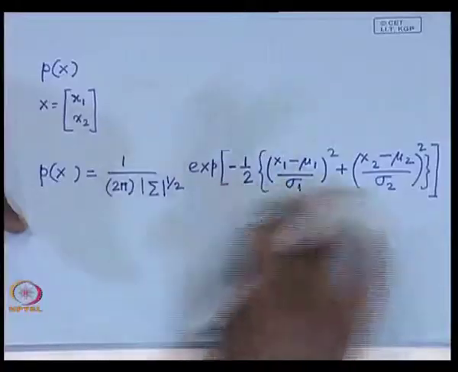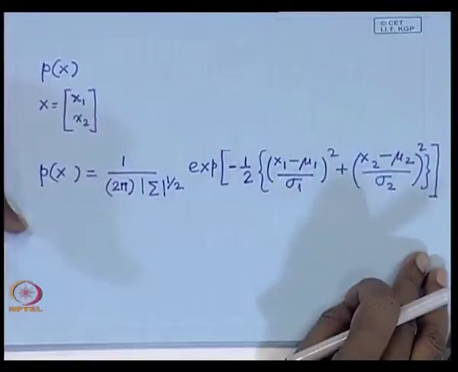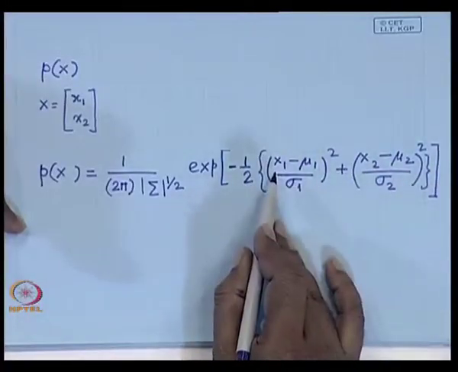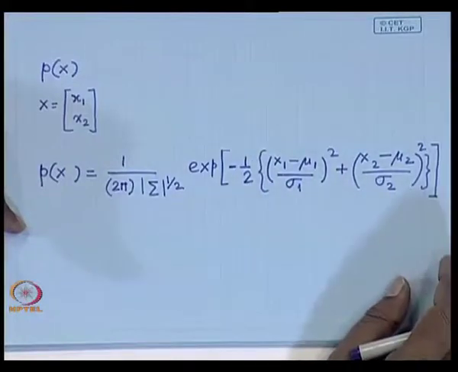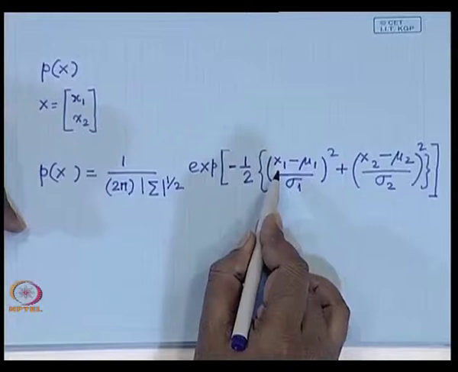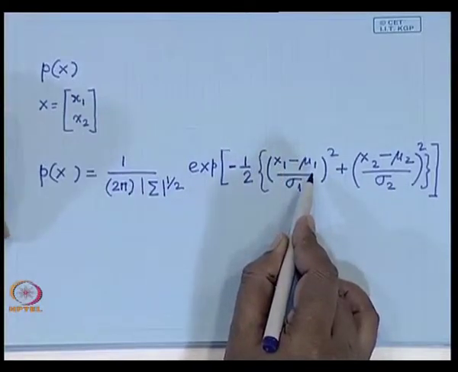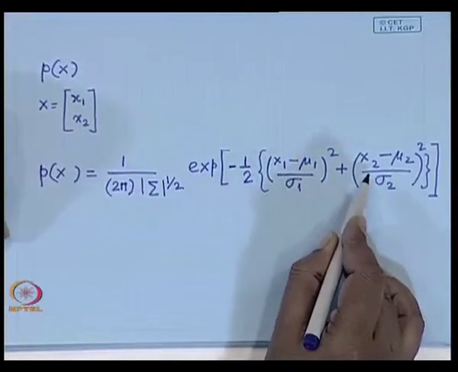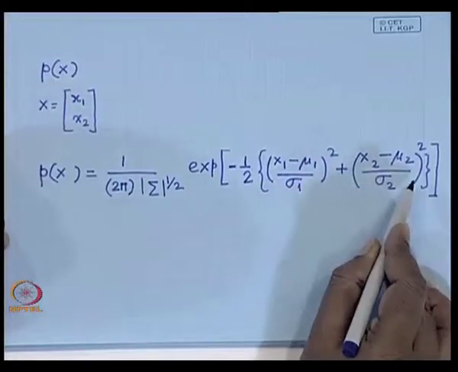Okay. So, for explanation, let me have a simplified assumption that as if x 1 and x 2, they are statistically independent. However, x 1 component has a mean value of mu 1 and x 2 component has a mean value of mu 2.